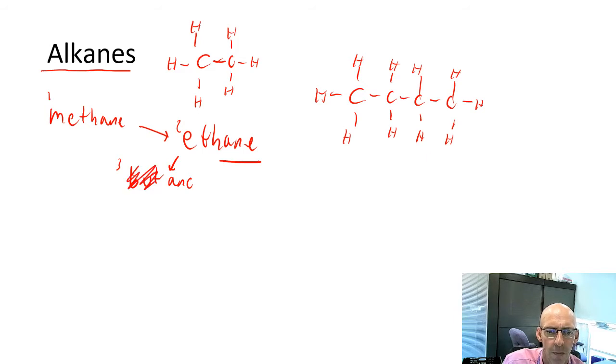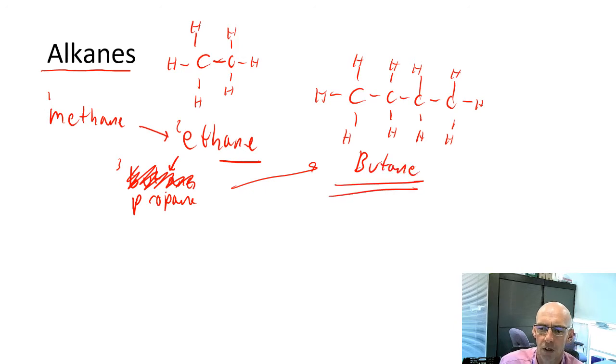No, it's not. Silly man. 3 carbons in a chain is propane, and 4 carbons in a chain over here is butane. By silly man, I meant me, not you, because I got it wrong.